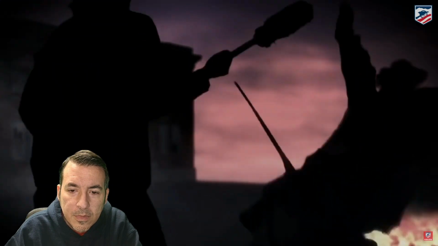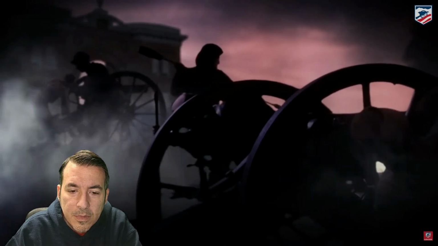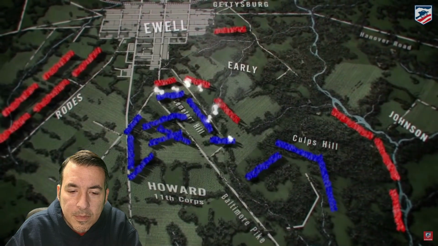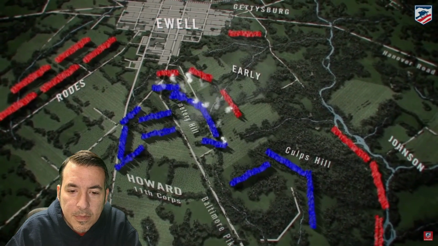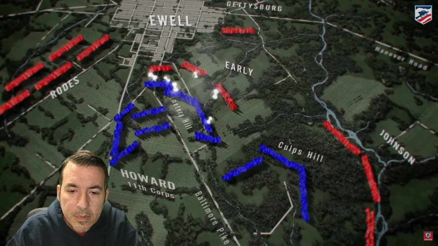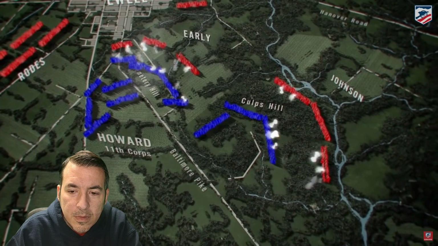Portions of East Cemetery Hill are captured. Meade's army will lose the battle if Cemetery Hill falls. But Union reinforcements surge onto the hill before Confederates can exploit their gains. Early's men are thrown back as General Edward Johnson's division moves to attack Culp's Hill.